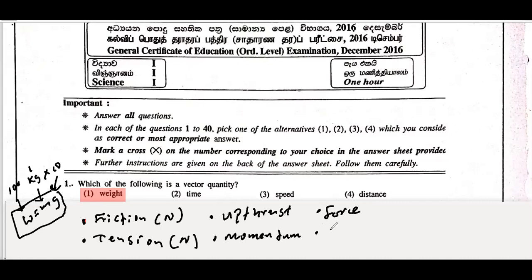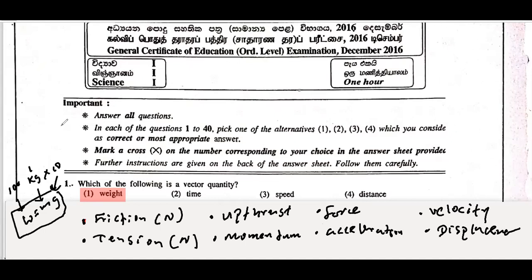Then acceleration is a vector. Velocity is a vector, those are very common stuff. Then displacement is a vector. Velocity, displacement, acceleration, force, momentum, upthrust, tension, friction, gravitational force, they are all vectors.